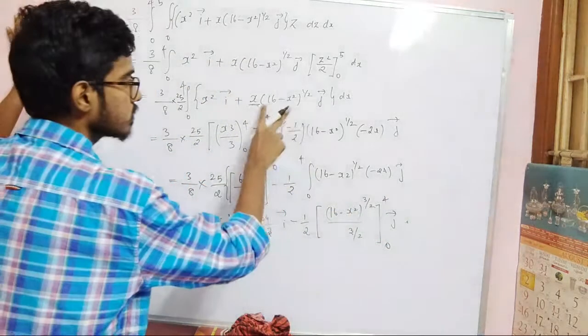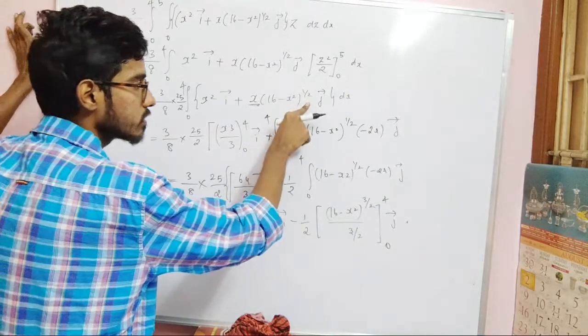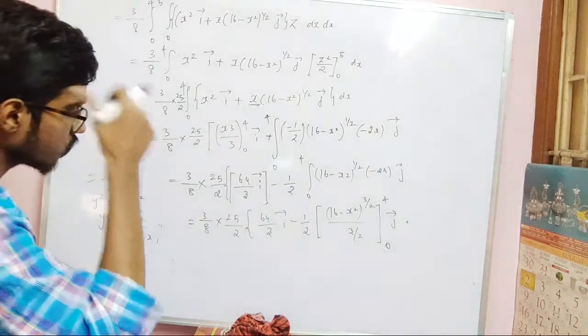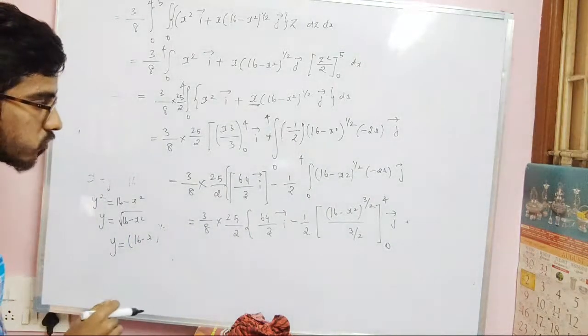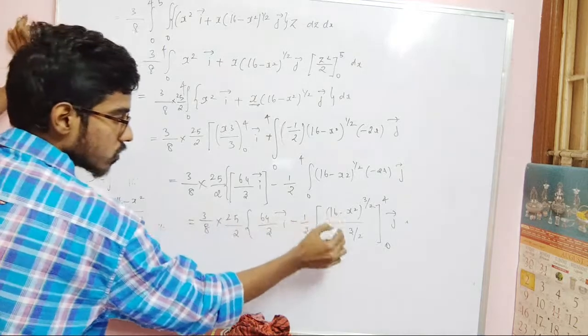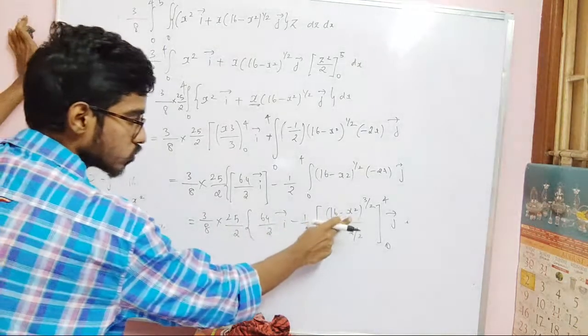Whenever you have this term, you try to make minus 2x here. If you take minus 2x here, you can integrate only this term. That's what I am doing here. Now substitute the upper limit, which is 4. You can see that this will be 0, because 16 minus 16 is 0.